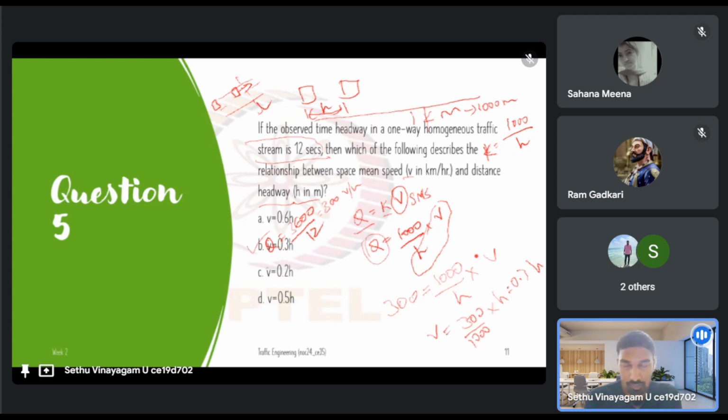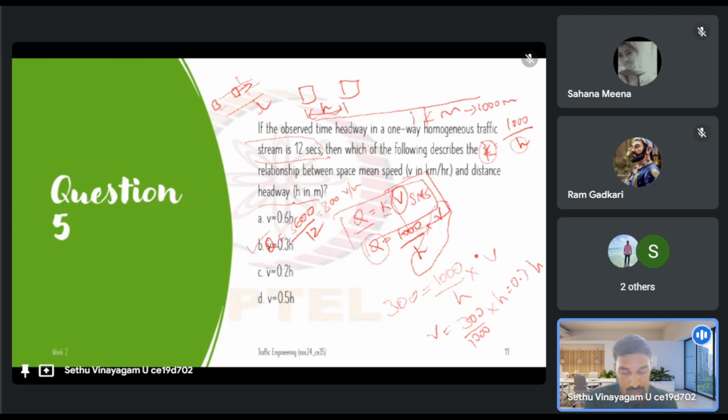Okay, is it clear? We arrived at this relationship. Any doubts? No, sir. Okay. So all you need to remember is this fundamental relationship. This is very important. Q is kV, and also the fact that the V that we use in the fundamental relationship is the space mean speed and not time mean speed, and how headway is related to density.